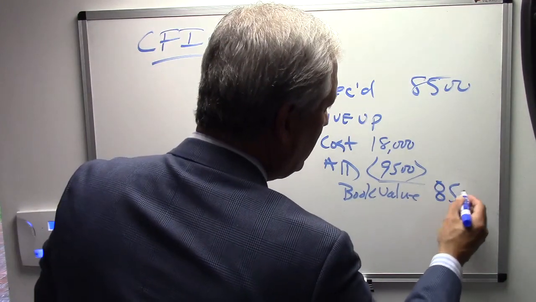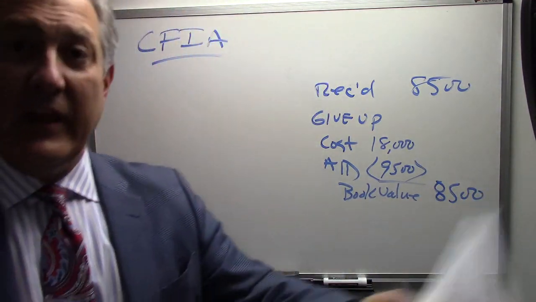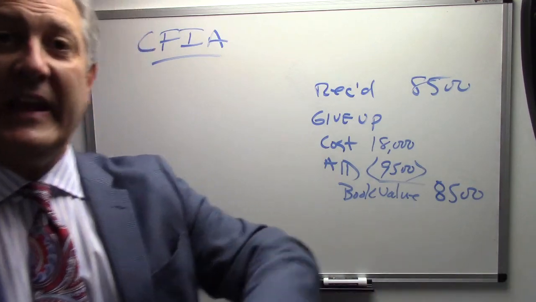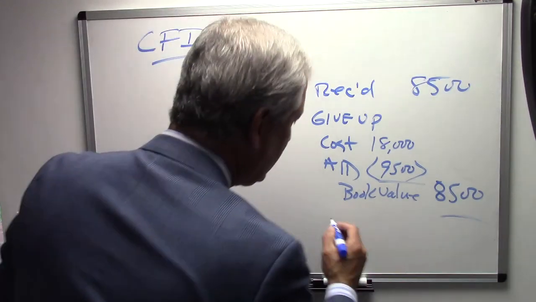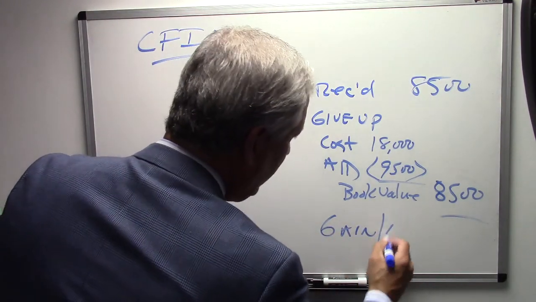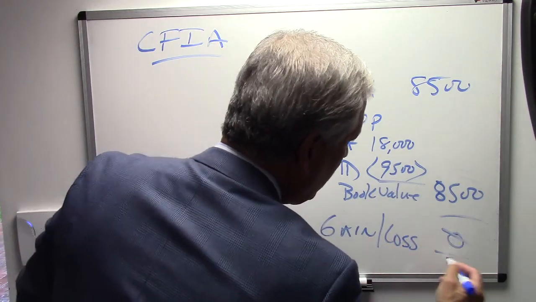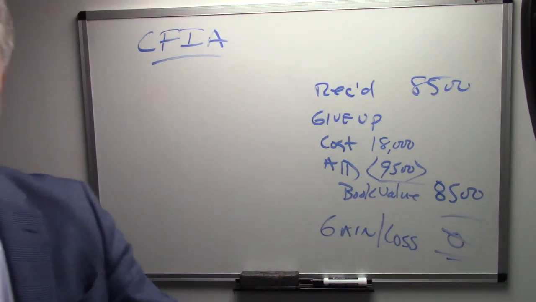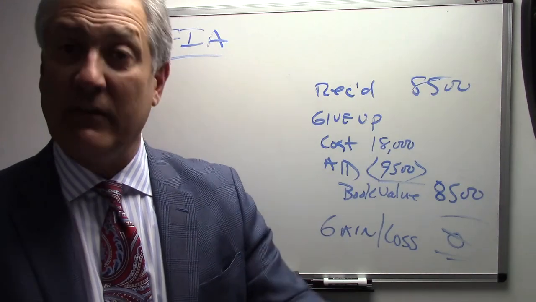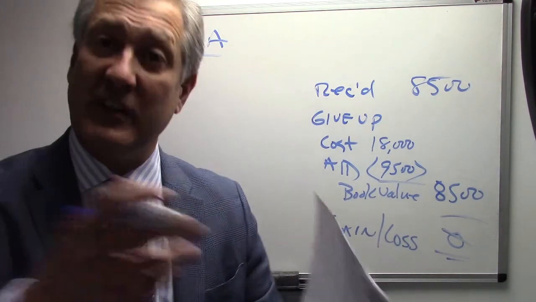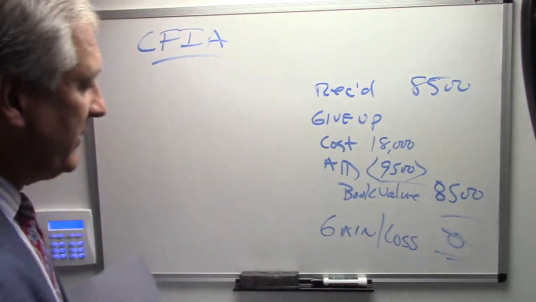The book value was $8,500. They received $8,500. They gave up $8,500. The gain, the loss, was 0. That's why you didn't have to report anything as a gain or a loss, because the gain or loss was 0. Even though they sold something, there was no gain or loss, so you didn't have to deal with it.